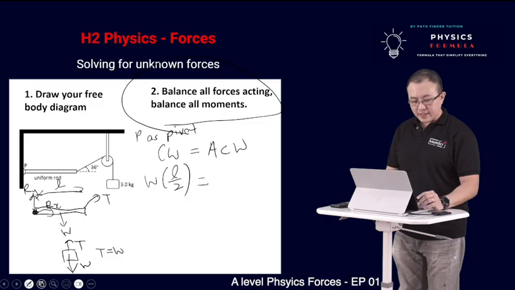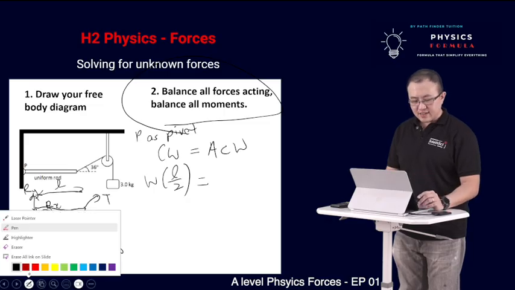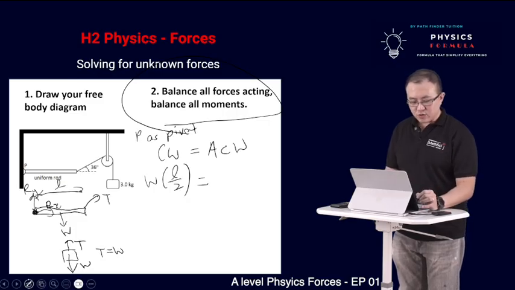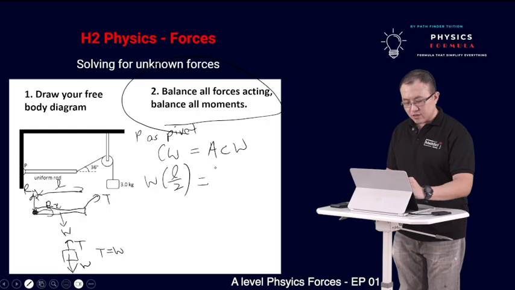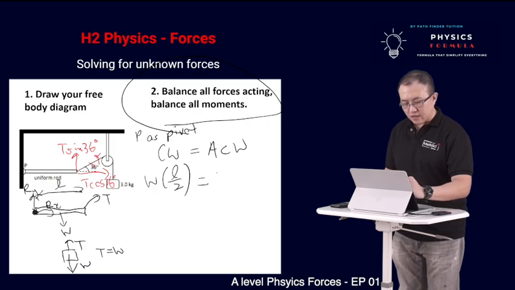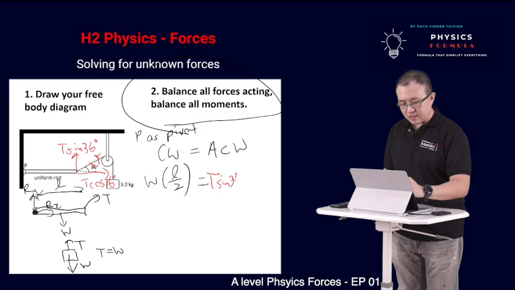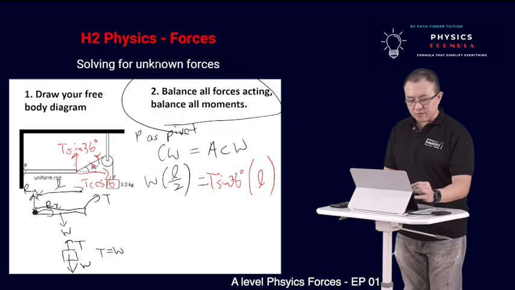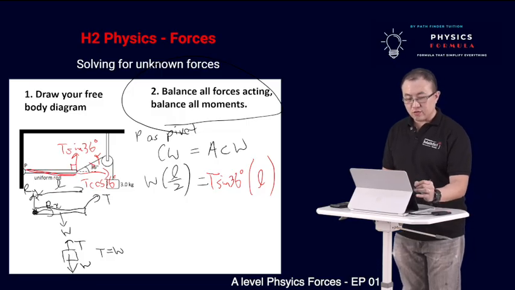So for the T part, take note, you cannot just put T times L, which is the entire length. Rightfully, you need to do a bit of force resolution. So this I will break up into T sine 36 degree and T cos 36 degree, this is my T. So I will say T sine 36 degree multiplied by L, the entire length, because take note that the force must be perpendicular to the length to find moment.